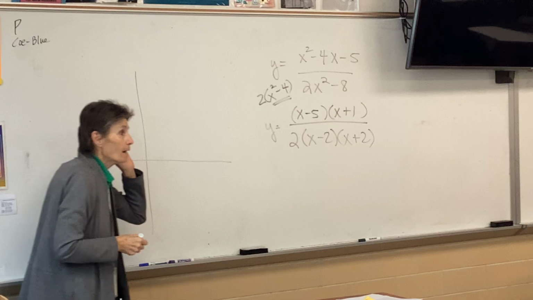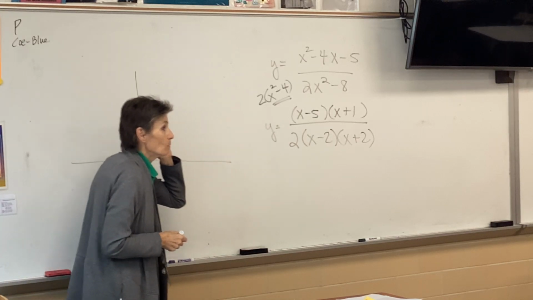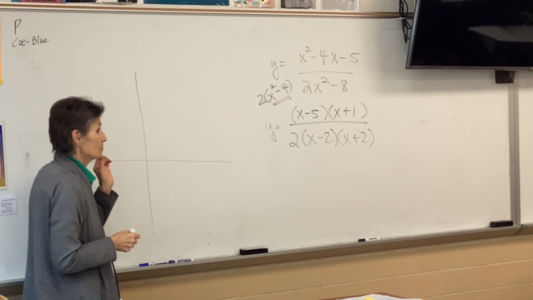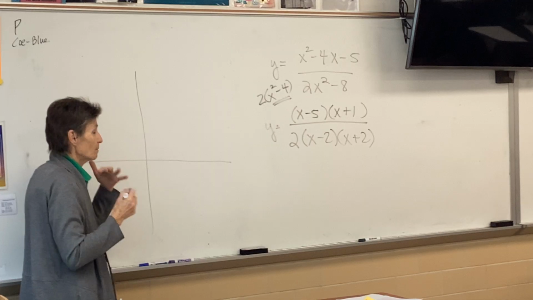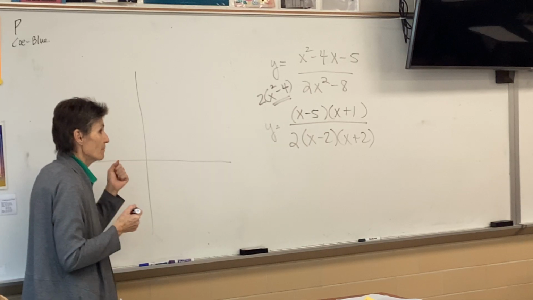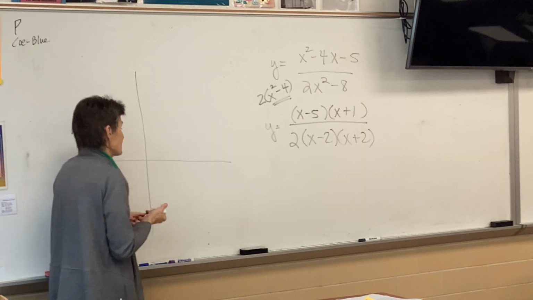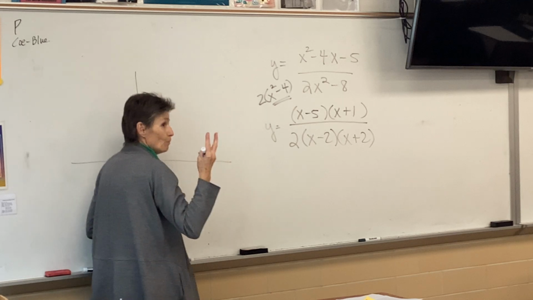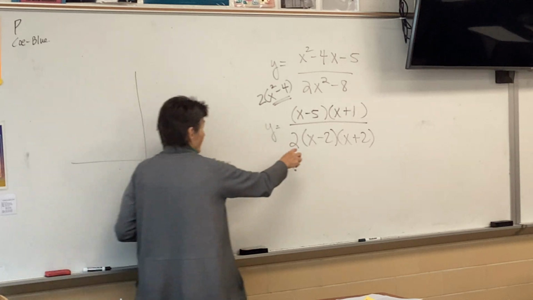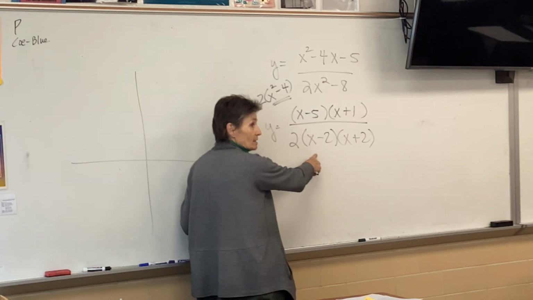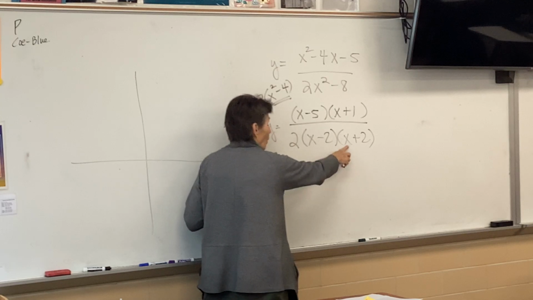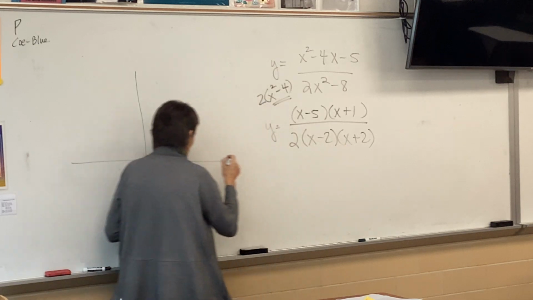What do I draw there? Vertical asymptote. I have 2 vertical asymptotes. I have one at 2 and one at -2.